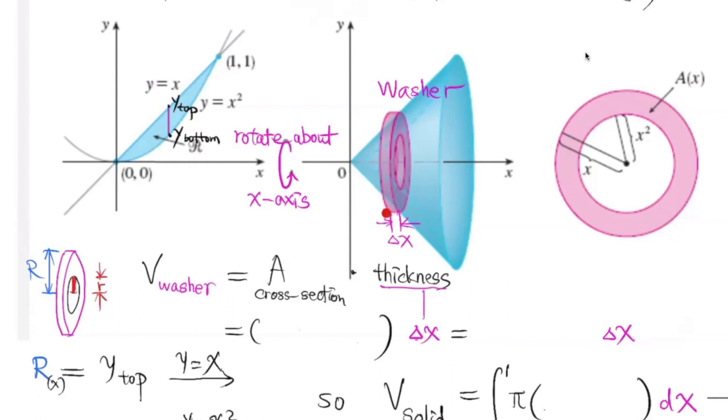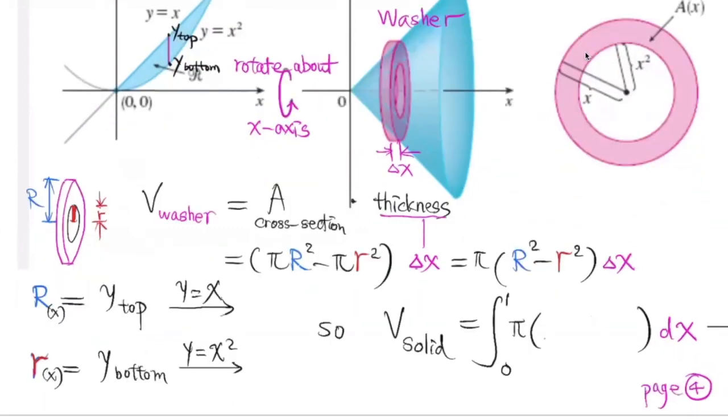In this case, the thickness is delta x. The cross-sectional area is pi times the big R squared, subtract pi times the small r squared. So you can take out the common factor pi: big R squared minus small r squared, times the thickness.